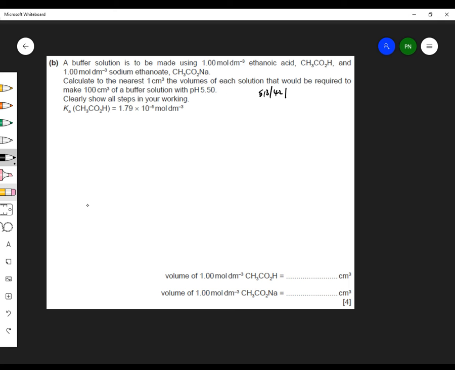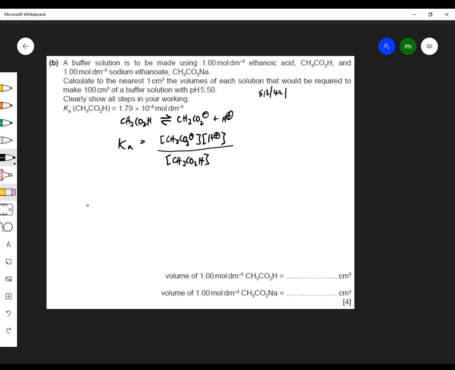Show your working. The first thing I'm going to do is give the equation, because this is how I always like to start things. I always like my buffer equation, where it comes from. There's my acid, and from the acid I can work out my Ka. My Ka is the base times the hydrogen ion concentration, all over the concentration of the acid.